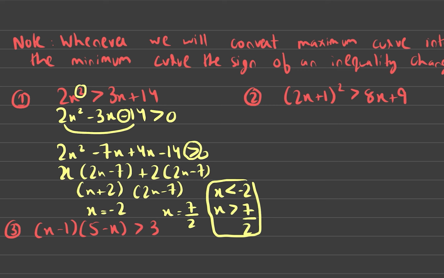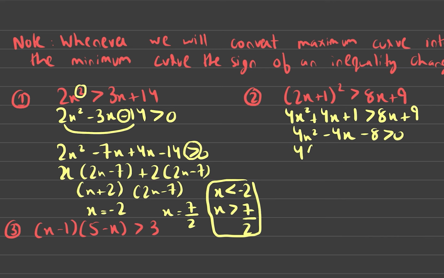So (2x+1) whole squared, let's expand this by identity. It's going to become 4x squared plus 4x plus 1 greater than 8x plus 9. Let's shift this here. 4x minus 8x is minus 4x. 1 minus 9 makes minus 8. Take 4 common. x squared minus x minus 2. Got this? 4 will be divided on the other side. Now what are the factors of 2? 1 twos are 2.